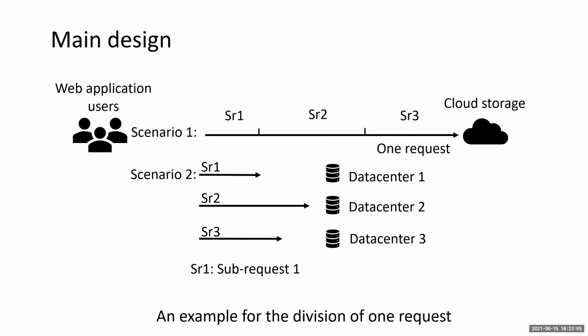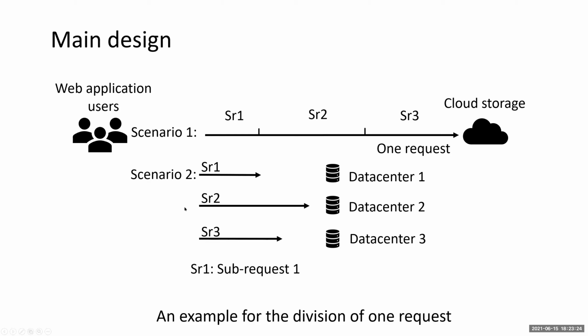Here is an example showing the advantage of request splitting. Suppose we have one user who needs to retrieve data from the cloud storage. In scenario 1, there is only one request, and we can see that there are three parts. They run sequentially in the network, and the latency is shown as the length of the line.